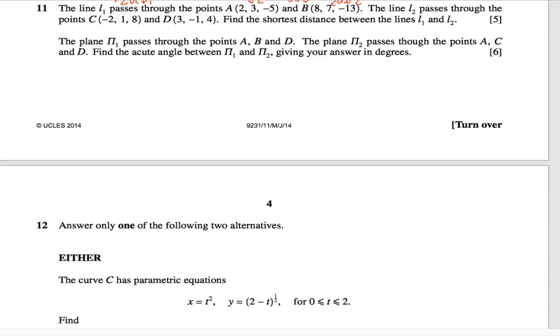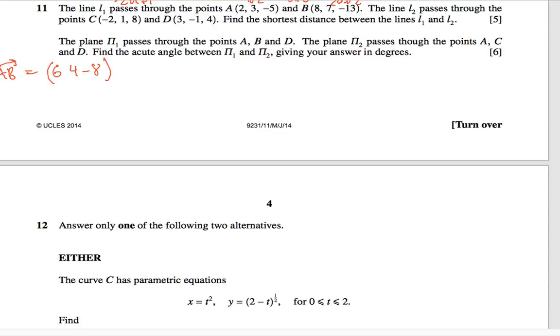So first thing to do is write down the vectors that connect A and B. So AB is just b minus a. You just take every value of b and take away a. So you get 6, 4, minus 8. Sorry, I don't know why I said 18.